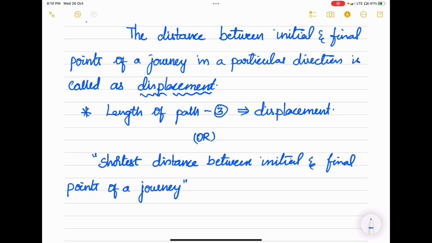So now as you are saying shortest distance, obviously it will be a straight line one only. So straight line one means it's a specified direction. So that's why I just didn't mention a word called a particular direction in this definition over here.